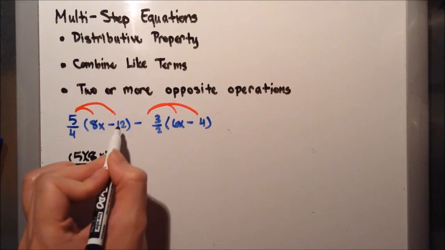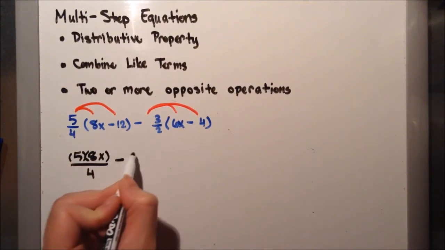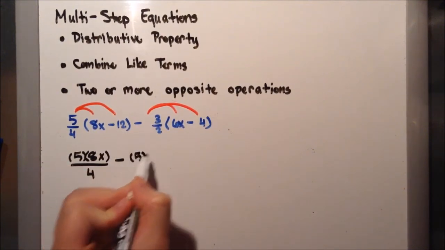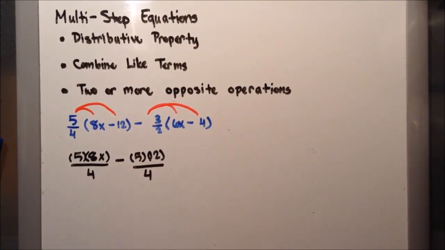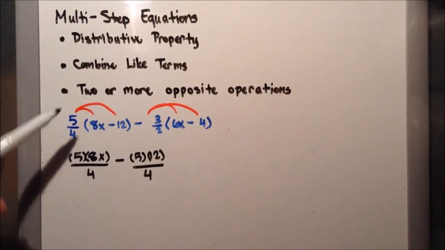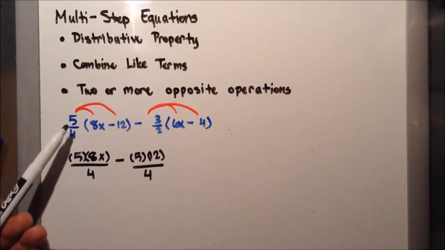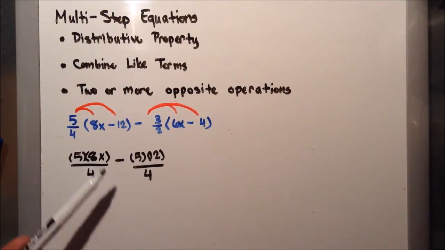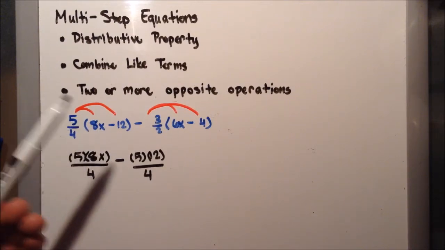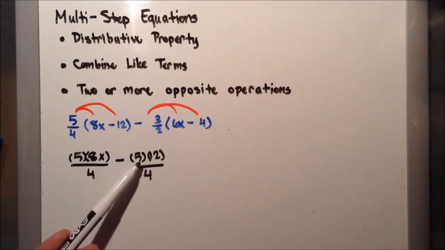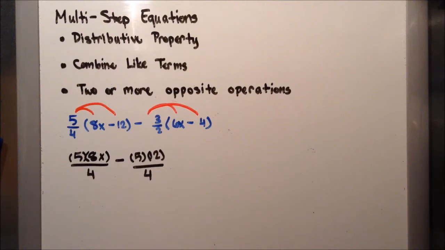Positive 5/4 times negative 12 would be minus, with the 5 on top, 12 also over 4. So again, all I did was multiply the 8x to the numerator, which is why I got 5 times 8x. I multiplied the negative 12 to the numerator, which is why I have the minus here, and 5 times 12.